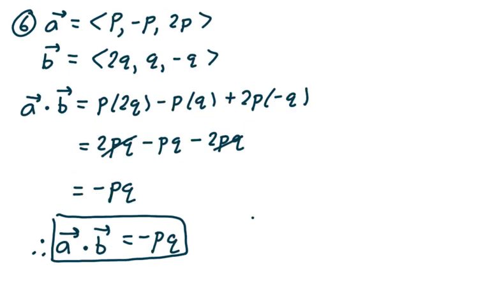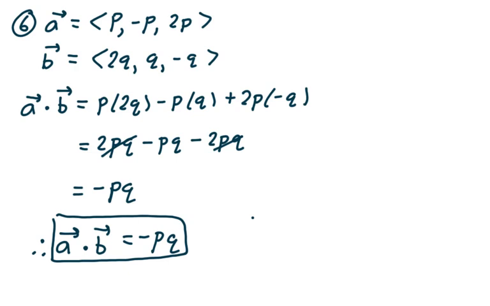Number 6. Suppose A is the vector P, -P, 2P, and B is the vector 2Q, Q, -Q. The dot product of A and B is P times 2Q minus P times Q plus 2P times -Q. But that's 2PQ minus PQ minus 2PQ.